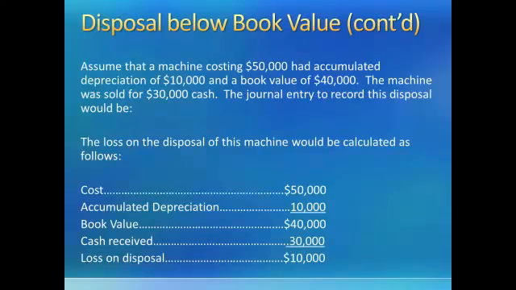So again, we calculate the loss on the disposal by first determining book value, which is the difference between the cost and the accumulated depreciation, comparing the book value to cash received. The book value is $40,000, the cash received is $30,000, so the cash received is less than the book value, which means we have a loss on the disposal.